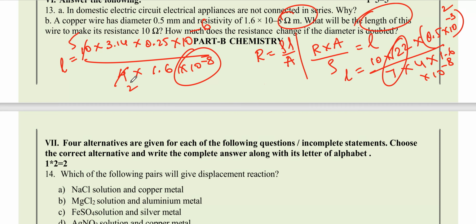Can we cancel 2 and 3.14? 2 ones are 2. The point shifts. Now this becomes 11. 2 5s are 10, left out is 1. 2 7s are 14. Got it? Understood?